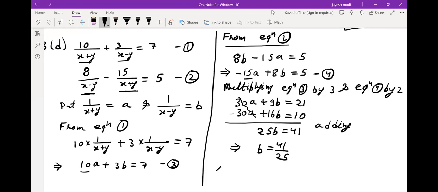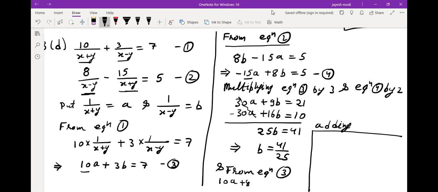Okay. And then from any one of the equations 3 or 4, from equation 3, which is 10a plus 3b equals to 7, we get 10a plus 3 into 41 by 25 equals to 7.